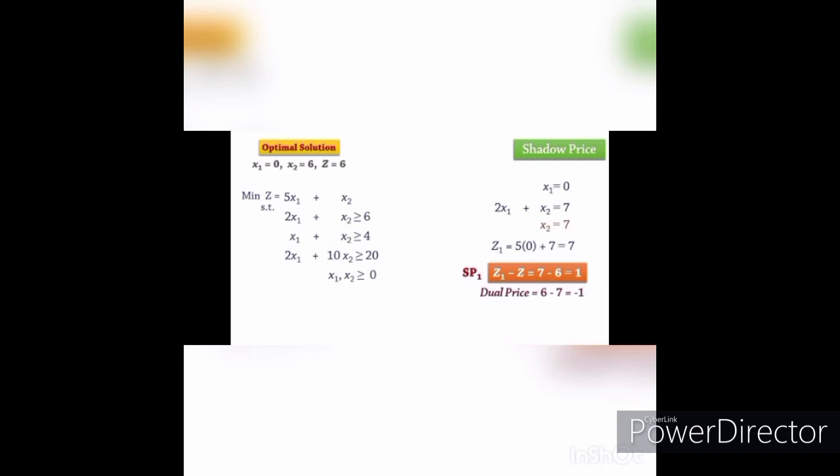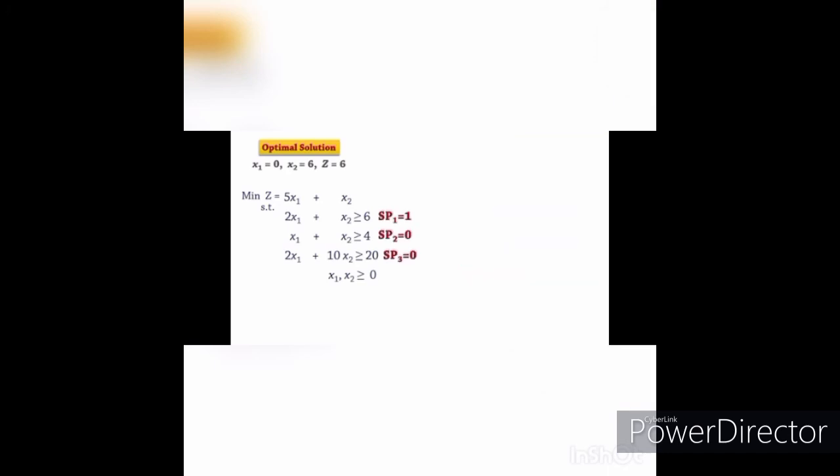The new objective is z1 is equal to 5 times 0 plus 7 is equal to 7. So, our z1 is now 7. We subtract from it the optimal solution value of 6. So, 7 minus 6 is equal to 1. So, our shadow price is 1.